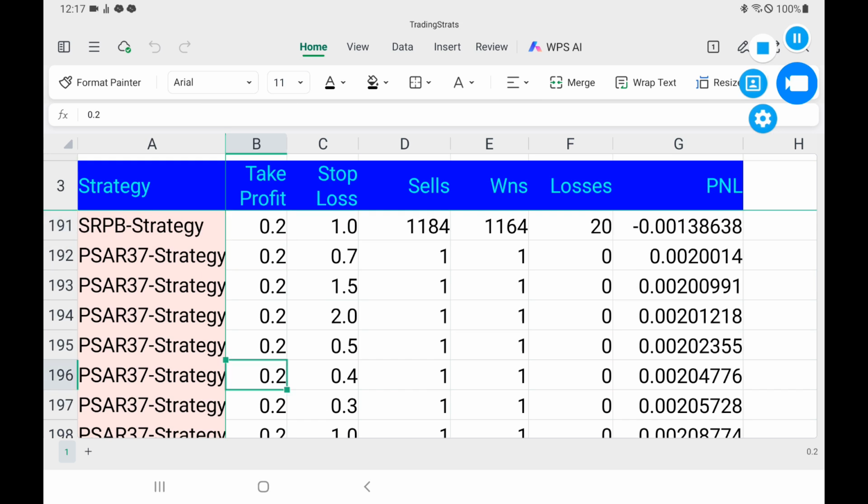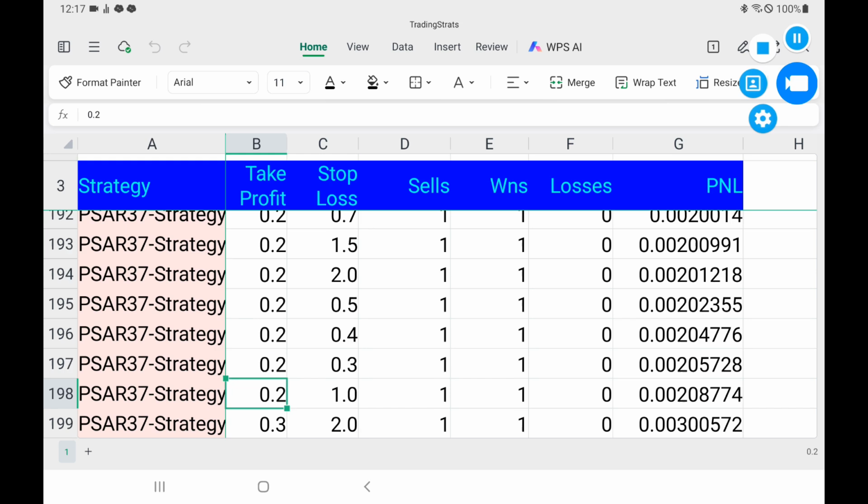Now, the point of ADA is 1 unit for this analysis. So if you want to figure out what a Kraken position size would be, just multiply the P&L by 10, or move the decimal place 1 place to the right. So right now it's still 0.